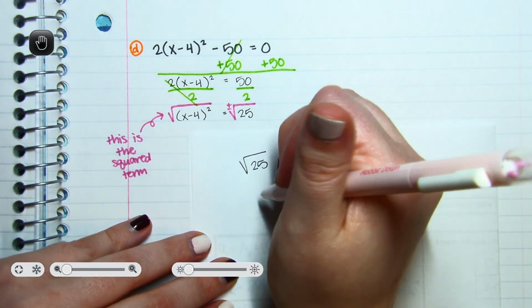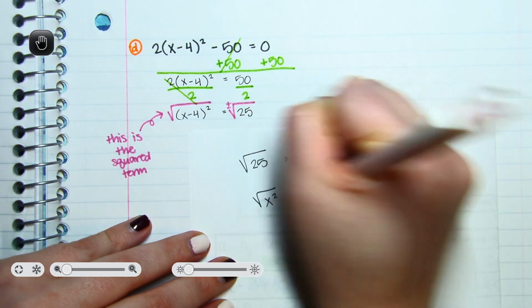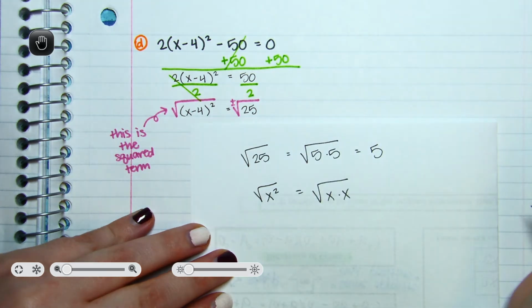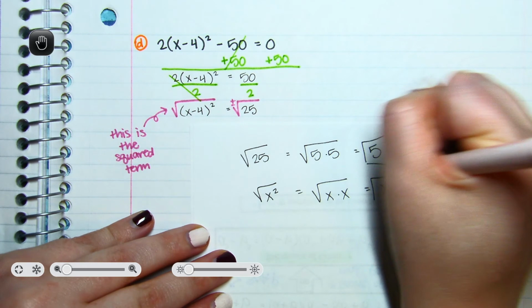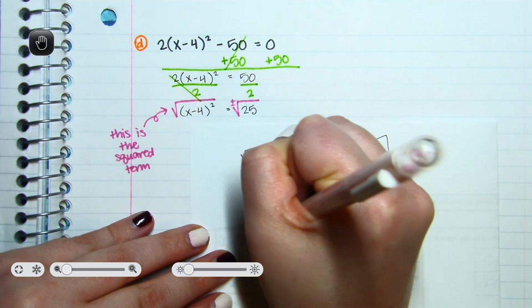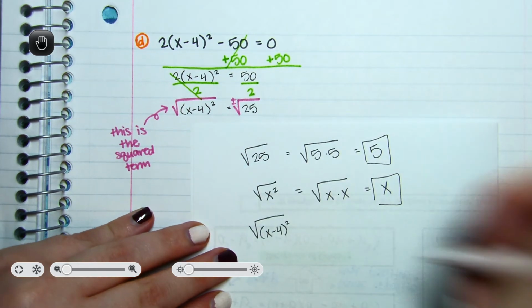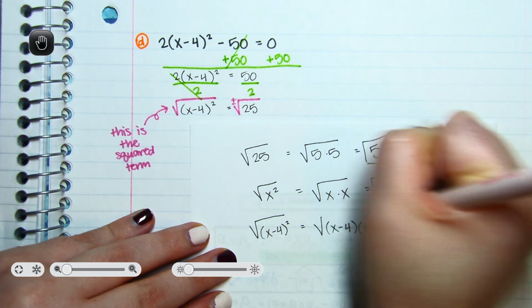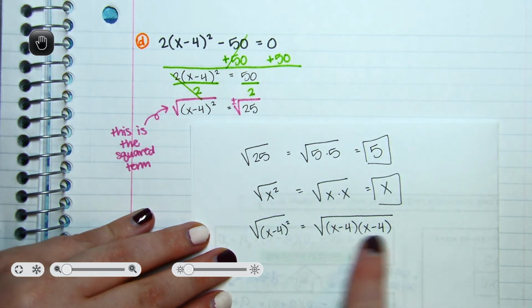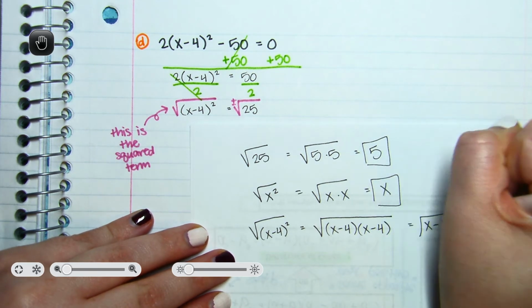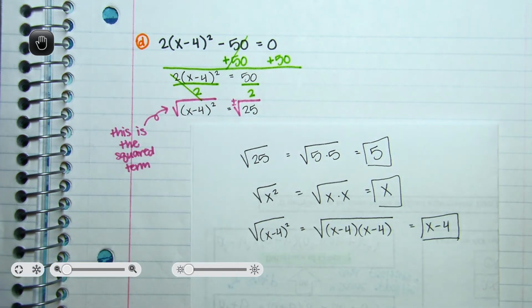So it's the same idea when we had the square root of x squared. That's like saying the square root of x times x. There's 2 of them, so the square root is x. And it's going to work exactly the same way here with the x minus 4 under there. This is like saying x minus 4 times x minus 4. So there's still 2 of them, just like before. It works exactly the same way as all of the other ones.